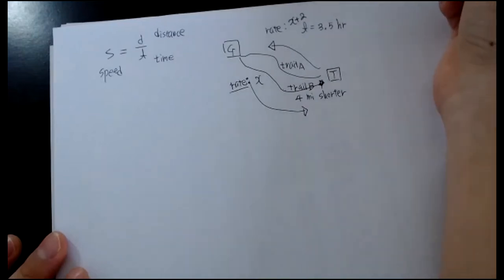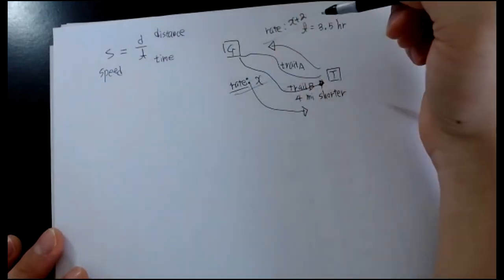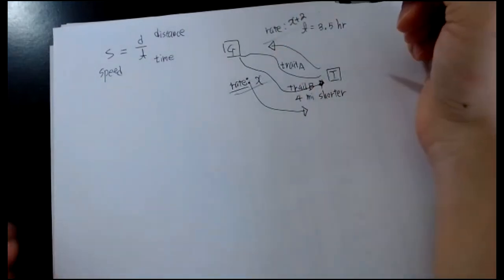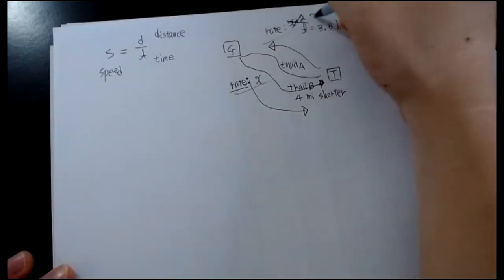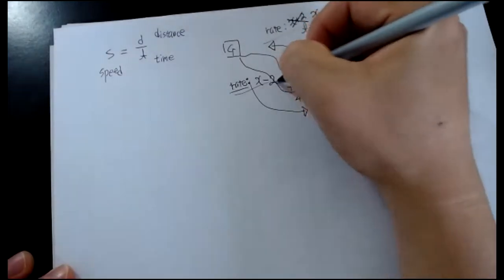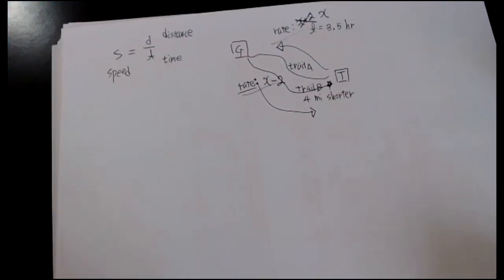Or you can set this one as x, then this is going to be x minus 2. To match the solution in the textbook, let's say this is x, then this is x minus 2. It doesn't matter. Did you understand that?